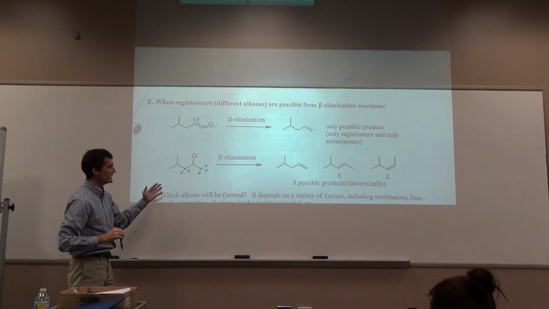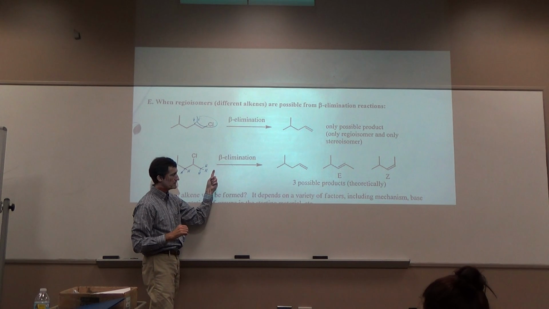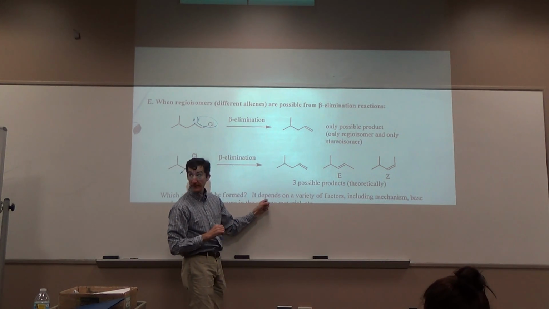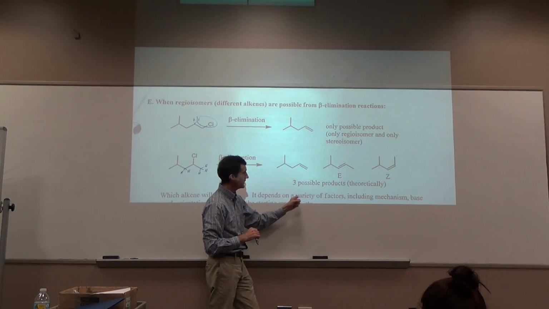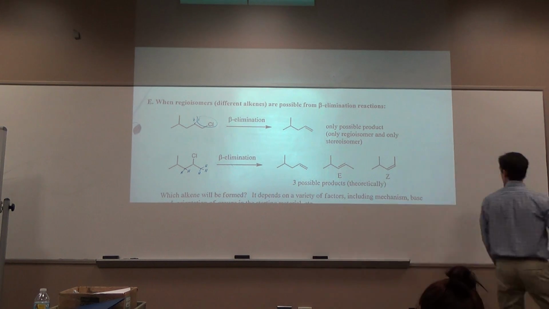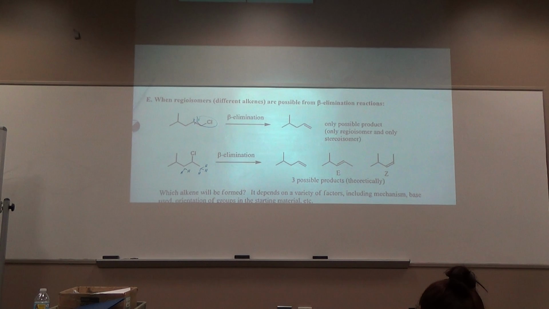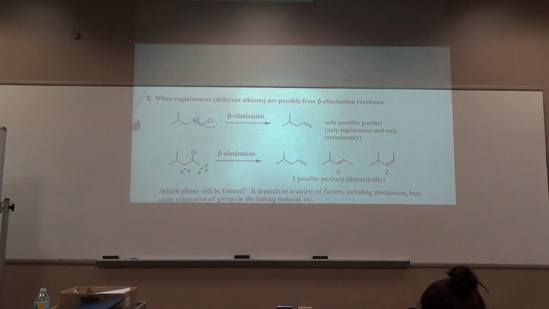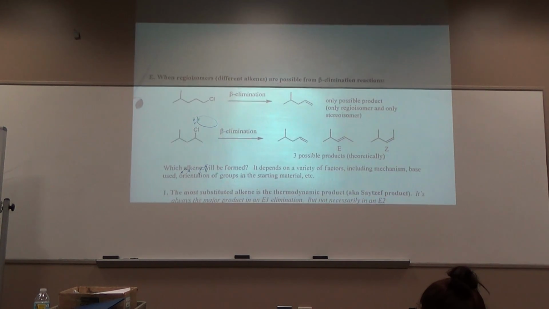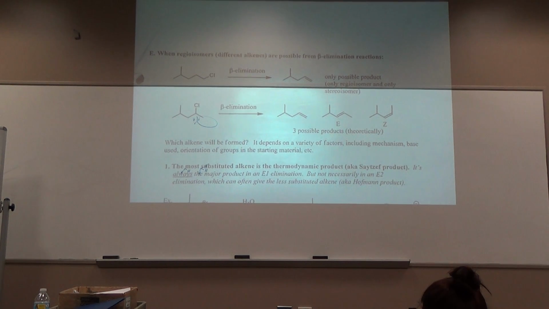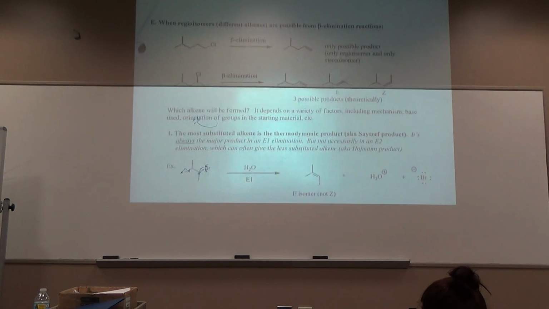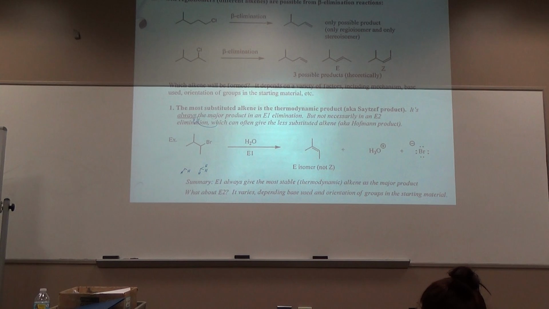So, which alkene will be formed in this reaction? It depends on a variety of factors, including mechanism, base, and orientation of groups in the starting material, that is, the stereochemistry in the starting material. So let's look at these various things.